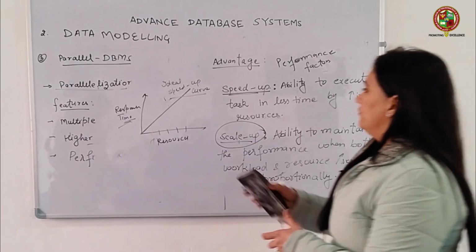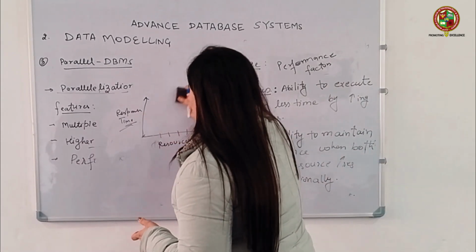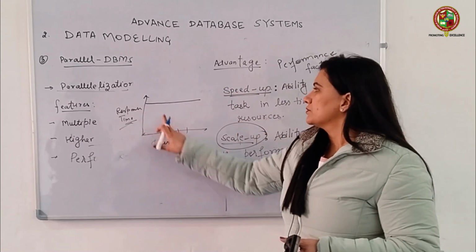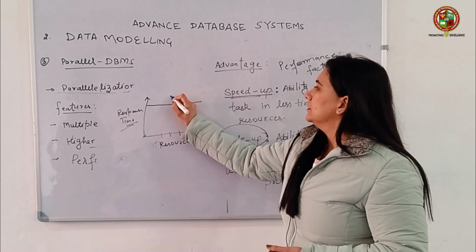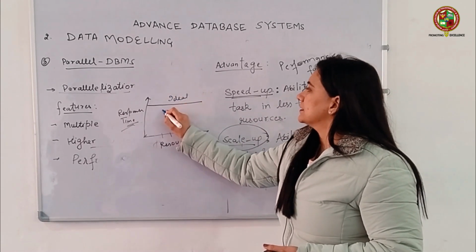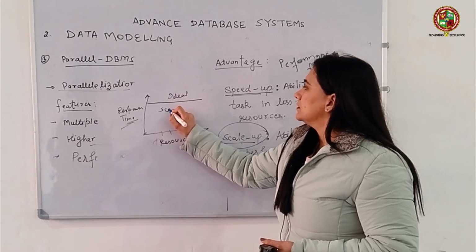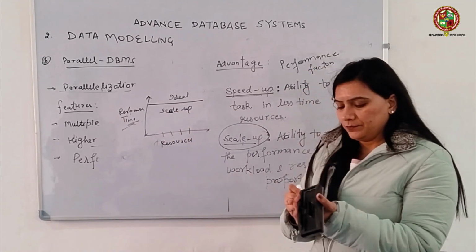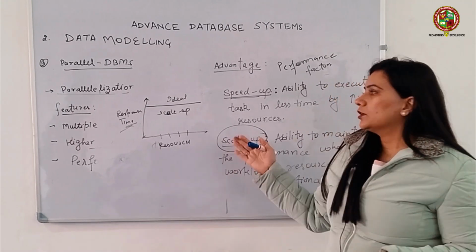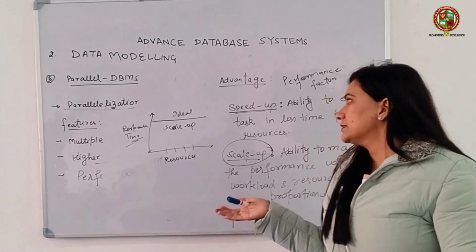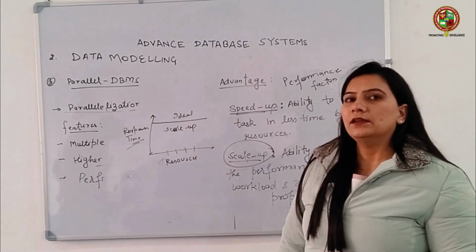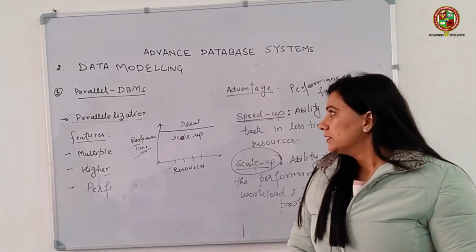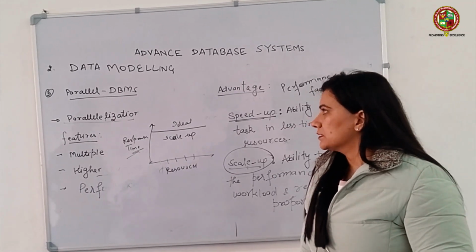If we look at the graph for scaling up, for the corresponding response time and the resources, we get a parallel line, and this is an ideal scale up graph. As the workload increases and we check the scaling up, this is the graph we'll get for this performance factor, right? So this is the parallel database.